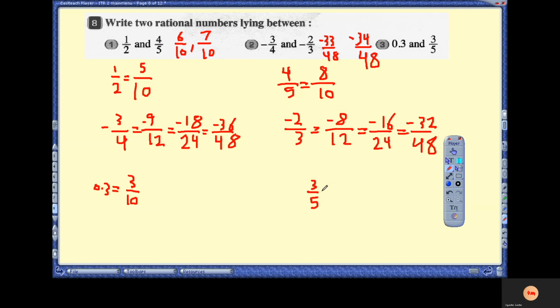The common denominator is 10, so here it will be 10. 5 times what equals 10? 2. 2 times 3 equals 6. And then you can write the rational numbers between. It will be 4 over 10 and 5 over 10.